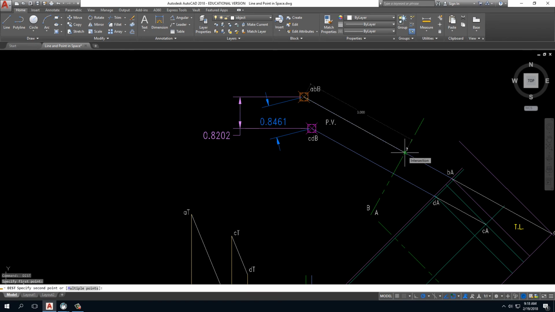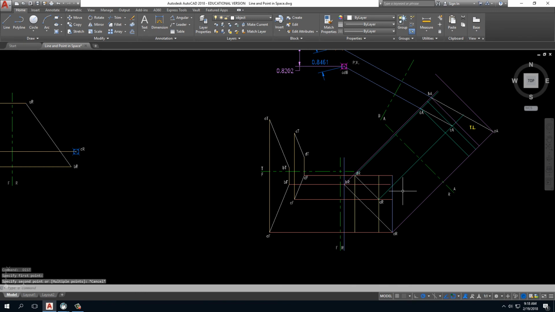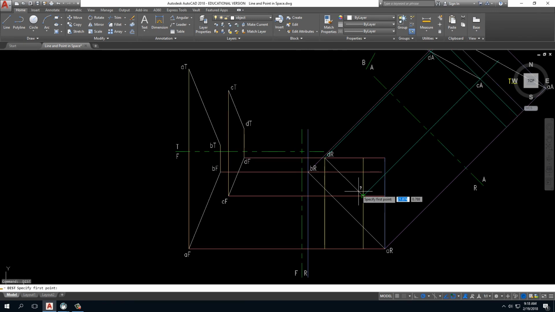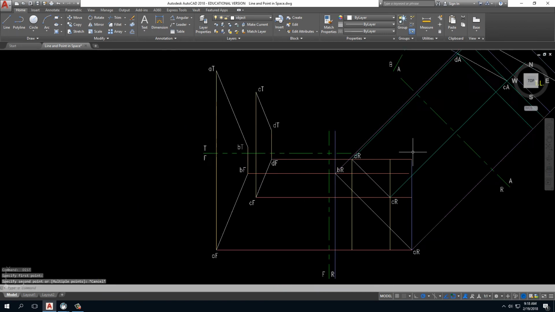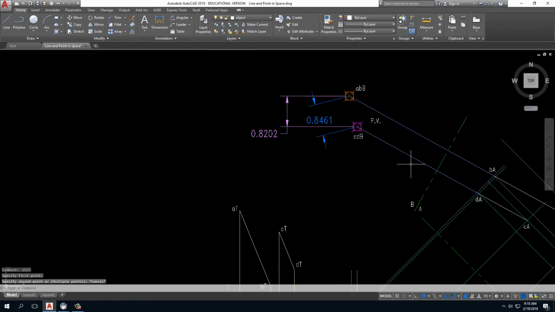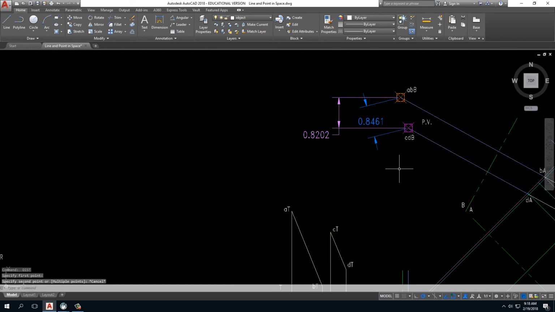There we go. 3 units, so we know we're okay. Next point, right? These will be the same. 2422. 2422. Let's verify that up here. 2422. So we know we're okay.